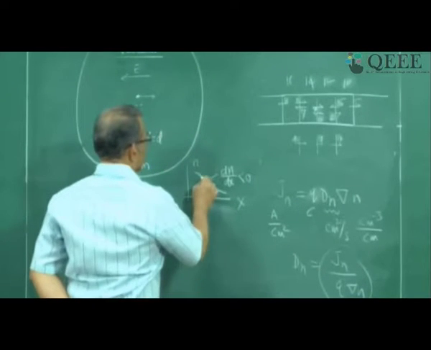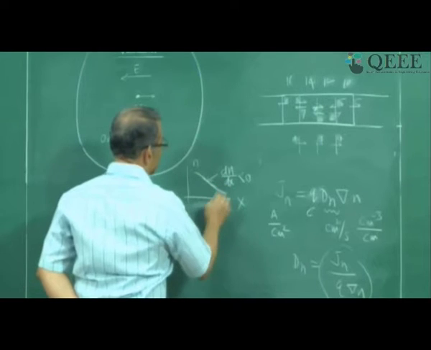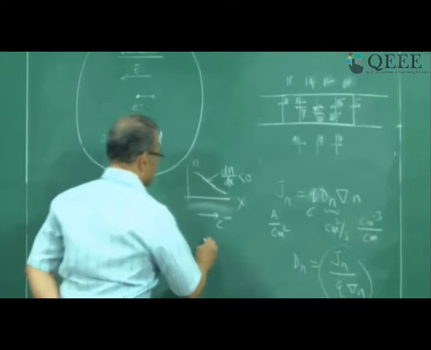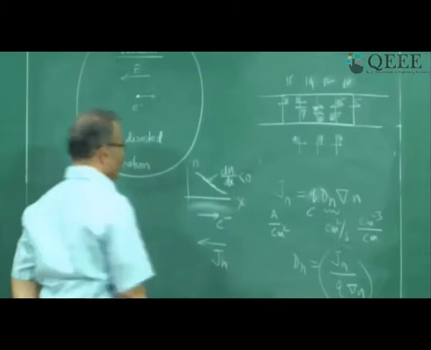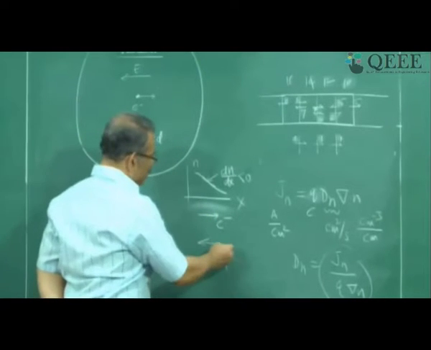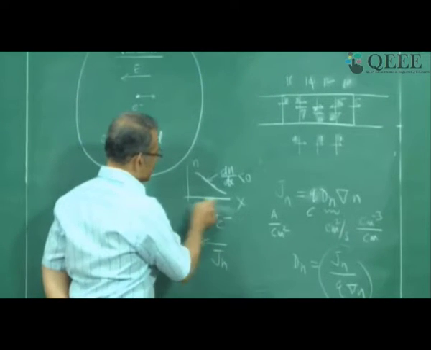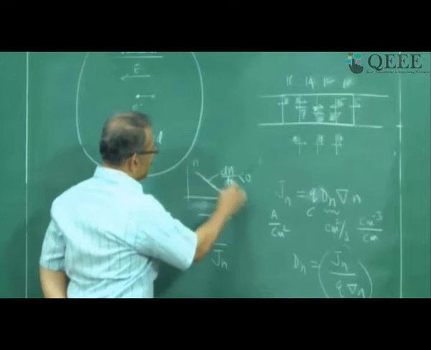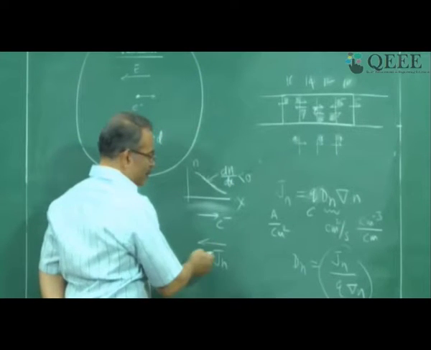Now if electrons are more in concentration here than here, electron motion is like this, but current will be opposite to the direction of electrons. So current is in the negative x direction, this is the positive x direction. So if the gradient is negative, current also is negative for electrons.